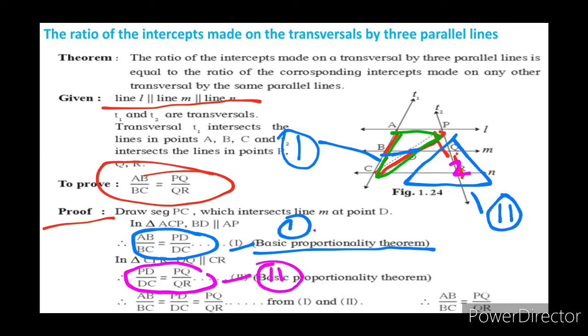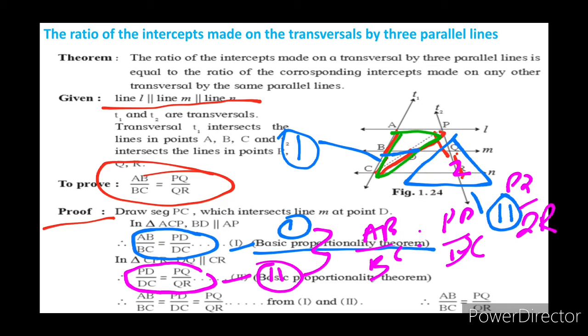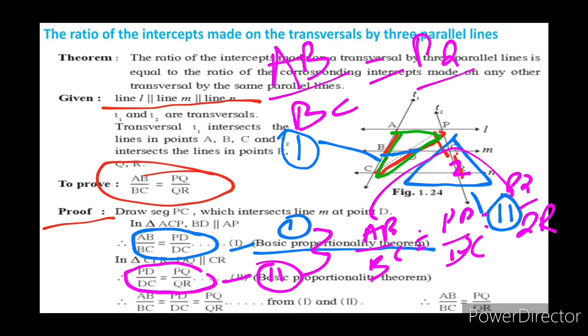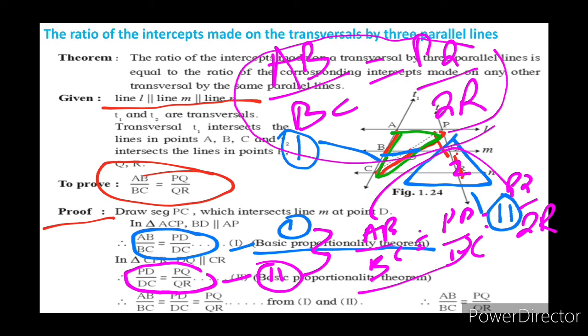From equation 1 and 2 we can say that AB upon BC equal to PD upon DC equal to PQ upon QR. So अगर ये तीनों ratio आपस में एक समान है तो we can say that AB upon BC equal to PQ upon QR, because these all three ratios are equal.